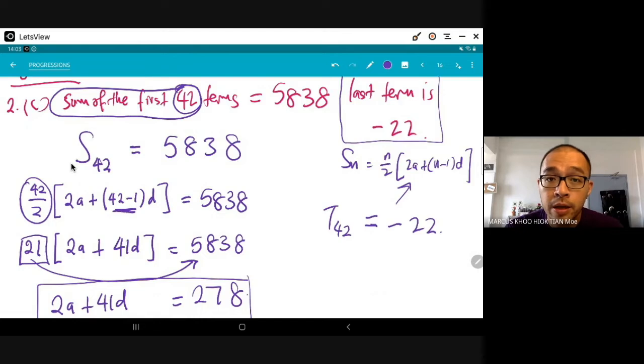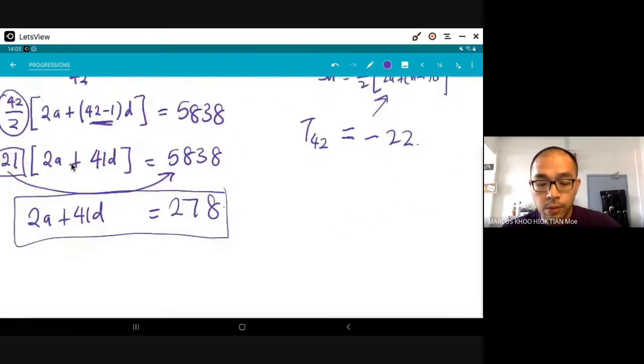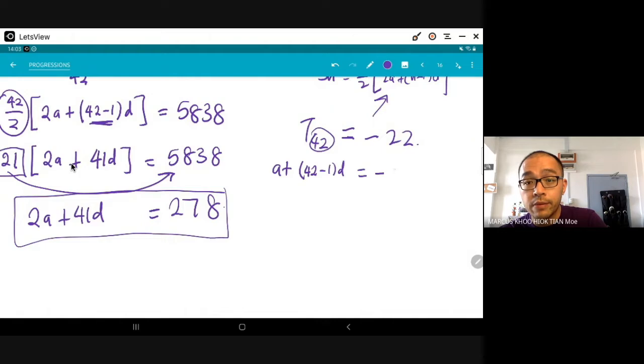So we substitute into the original formula: A plus (42 minus 1)D equals negative 22. So we get A plus 41D equals negative 22.